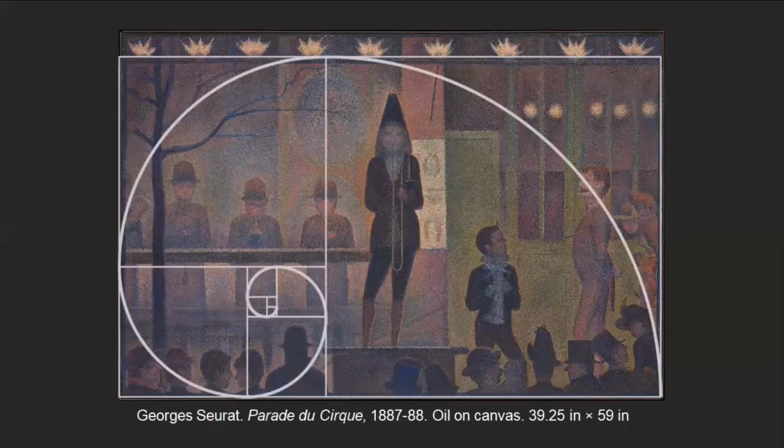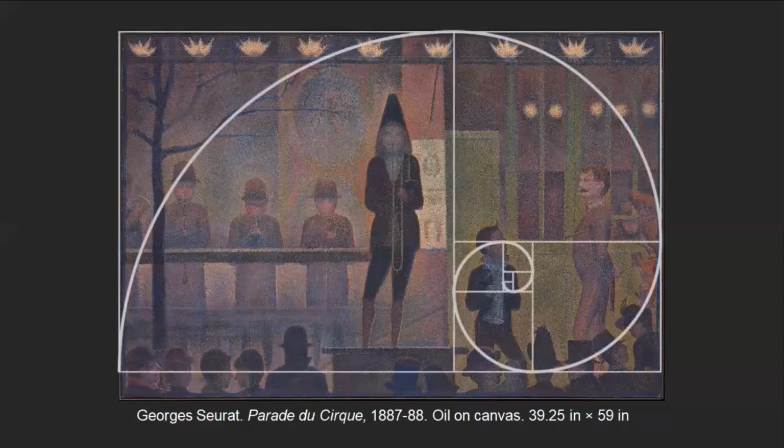We can flip this grid around if we want, and we can see how he's using it in the bottom left corner to find the divisions of the picture there. Or we can even use it hanging from the top, and we find that the eyes and noses of the spectators at the bottom help to create the same kind of division that the line of lights do along the top of the painting.